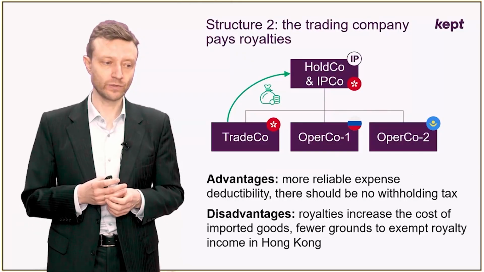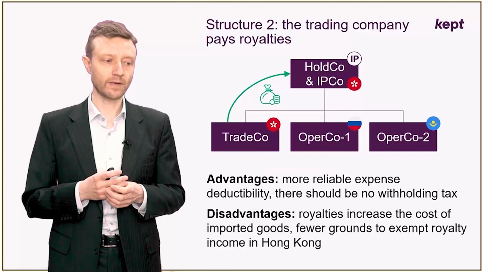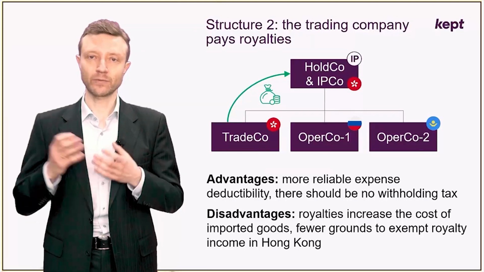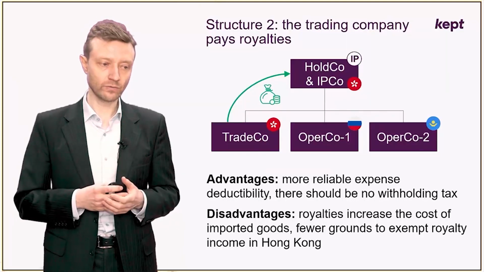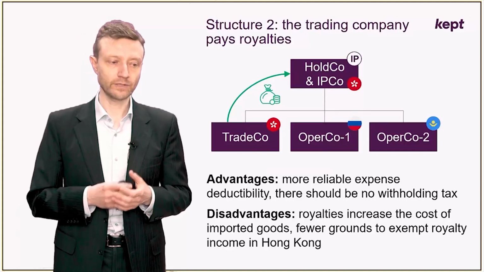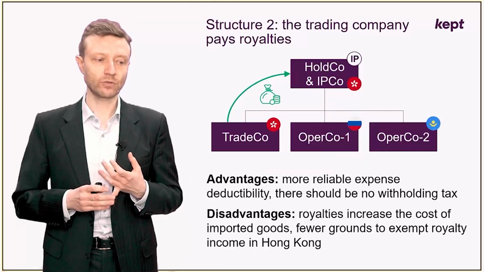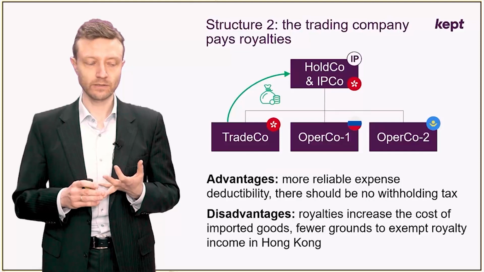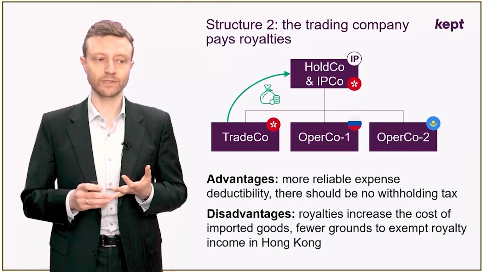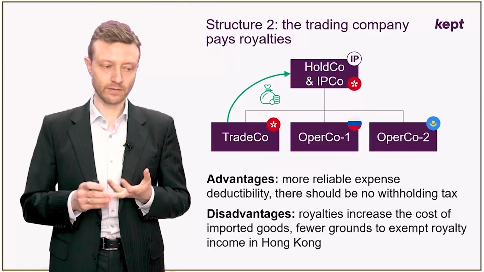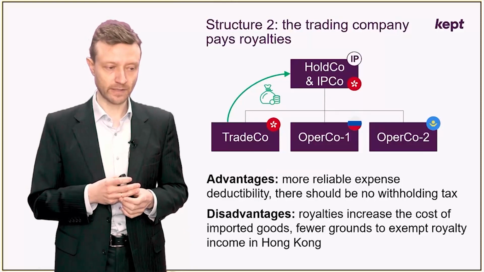The other scenario would be to pay royalties by the trading company, in which case the cost of goods is going to be increased for the operating companies, but they do not have to pay royalties and face non-deductibility risks and withholding tax in Russia and Kazakhstan, respectively.